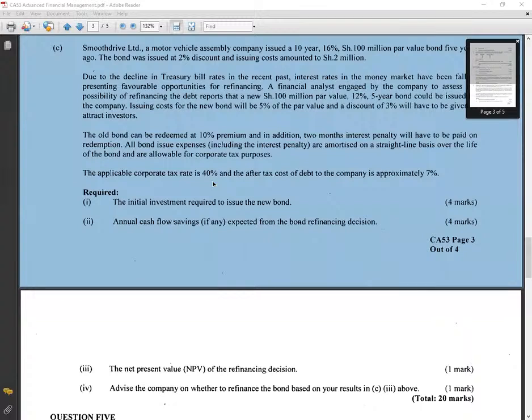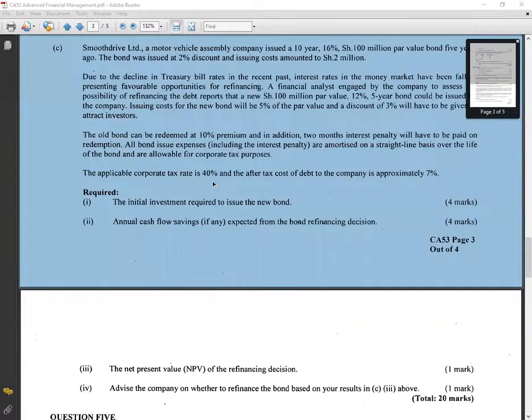So I will take 16% of the par value, which is 100. But remember, once I get this 16% of 100, I'll get 16, which is interest for a whole year. But we are told the overlap will be an overlap of how many months? 2 months. An overlap of 2 months.